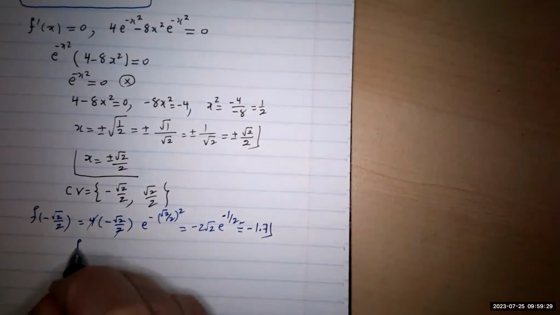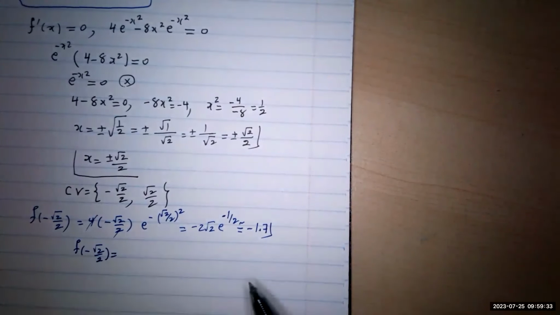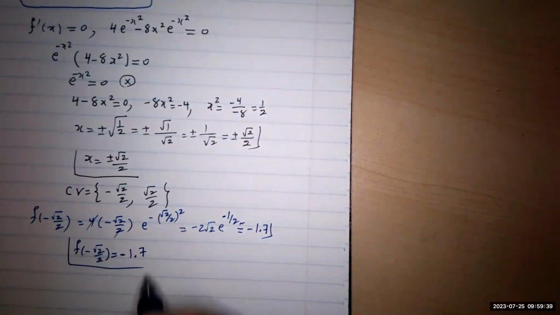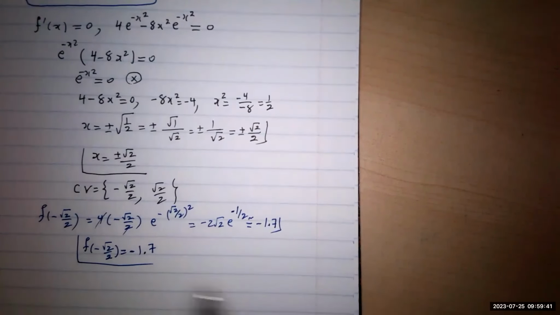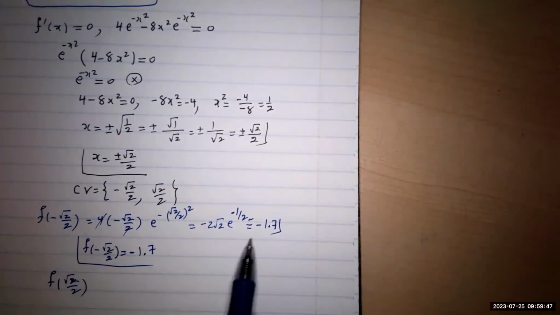So f of negative radical 2 over 2 is going to be negative 1.7. And if you do positive f of radical 2 over 2, you just miss this negative sign, so that gives you positive 1.7.